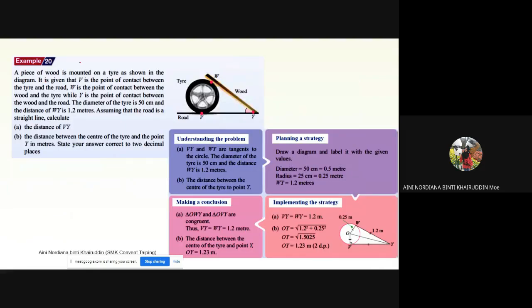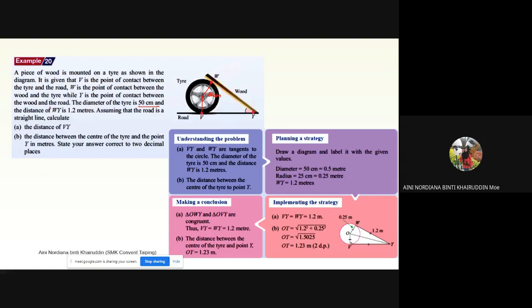Okay, example 20. A piece of wood is, okay, bacalah ayat ni. Given that the diameter of the tire is 50, ini penting. Diameter means, let's say this is center, means the radius is 25 cm.